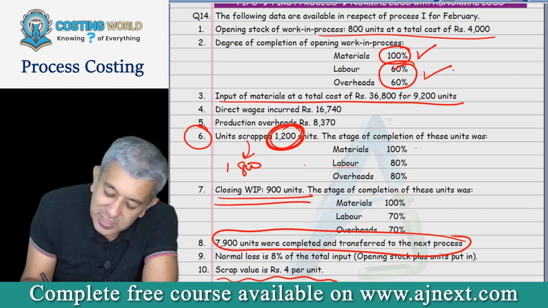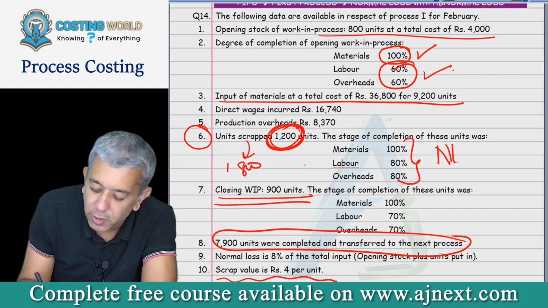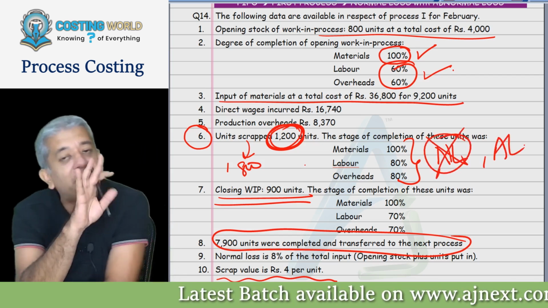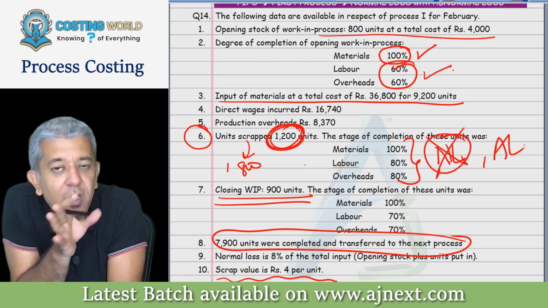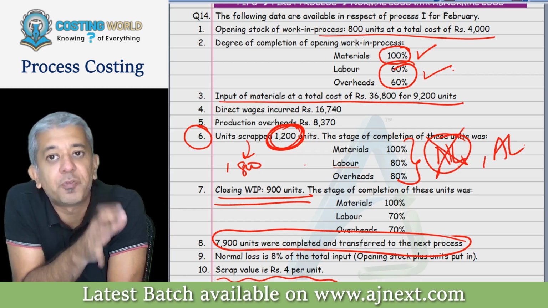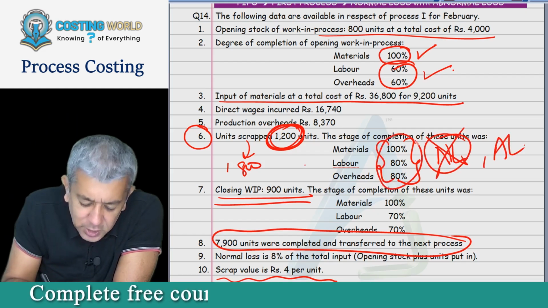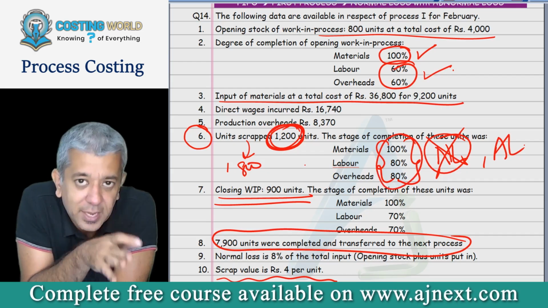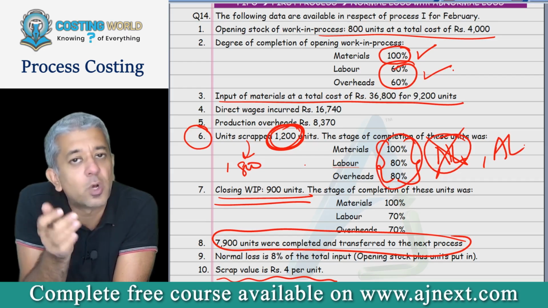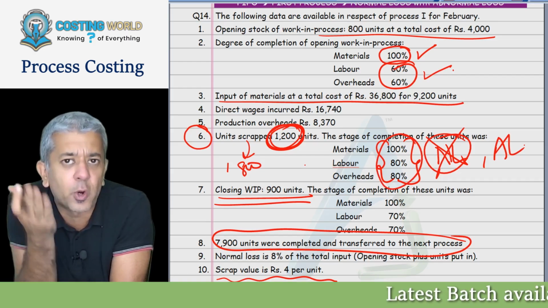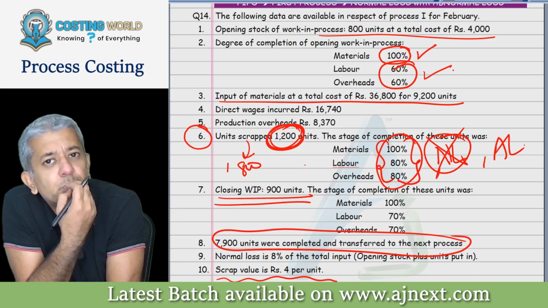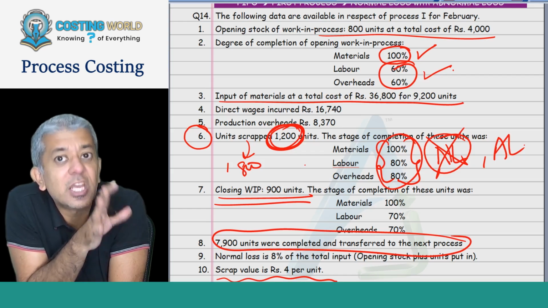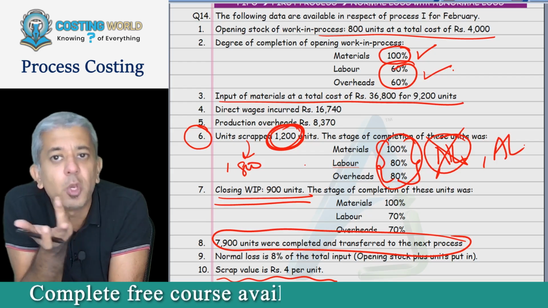So this stage of completion is actually of normal loss also and of abnormal loss also, but I will never ever require the stage of completion of normal loss, although it is given to you. Why? Because normal loss is always valued at scrap value. We have already recorded that. But I will require the stage of completion of abnormal loss for sure.